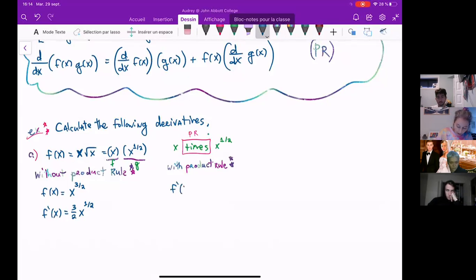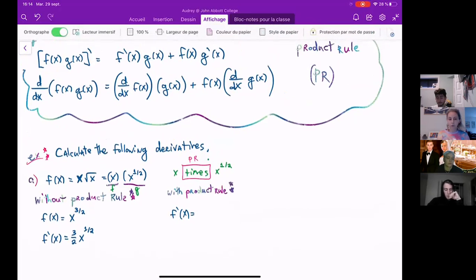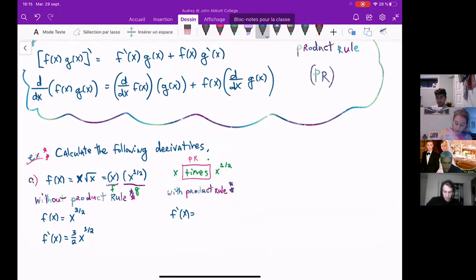To do f prime of x, the product rule tells me the derivative of the first times the second plus the first times the derivative of the second. So I'm going to stick this in here exactly as they are. I'm not going to take any derivatives. I'm just going to stick it into the product rule. So I'm going to do the derivative of the first times the second plus the first times the derivative of the second.